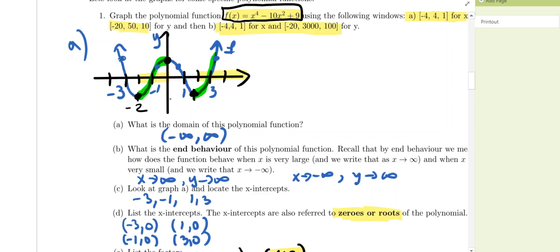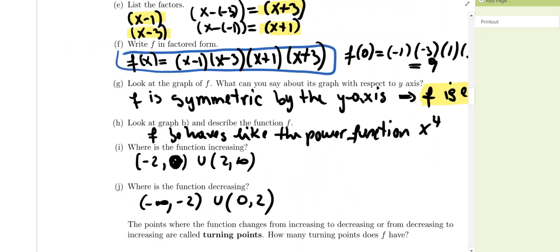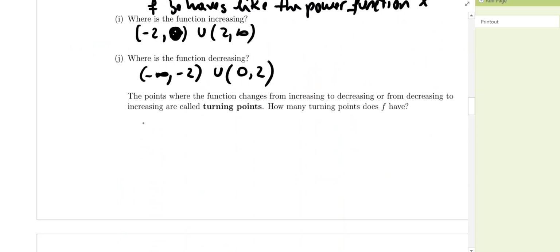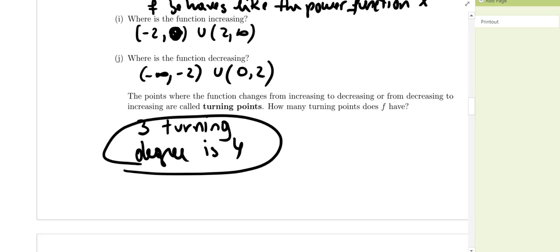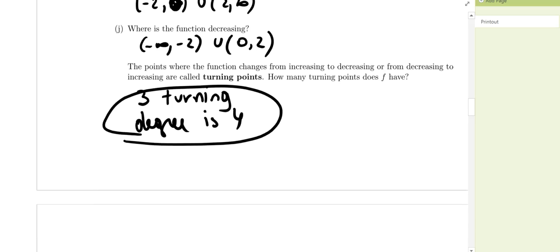So this function has 3 turning points, or you could call them bumps, 3 bumps. How many turning points does it have? 3. So it has 3 turning points, and its degree is 4. We'll see if there's a connection between the number of turning points and the degree.